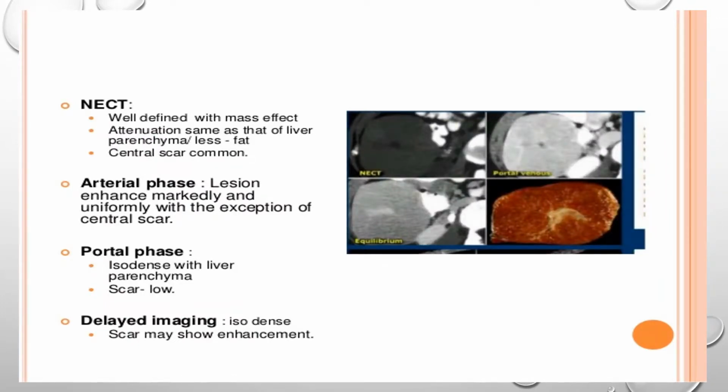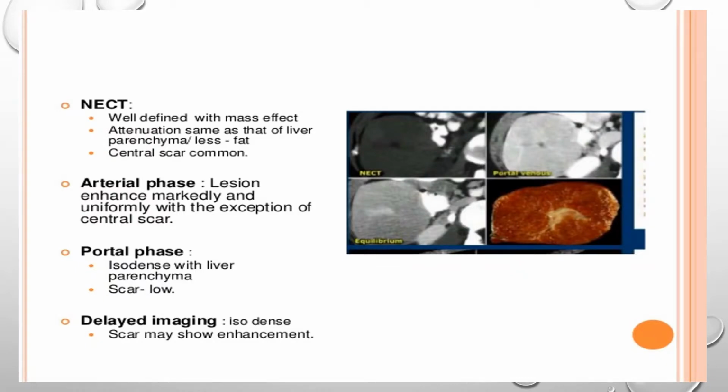A non-enhanced CT scan will show a well-defined lesion with mass effect displacing the hepatic vessels. The attenuation is the same as that of the liver parenchyma, and if fat is more, the lesion can show low density. A central scar is common, as we saw in 50% of cases.